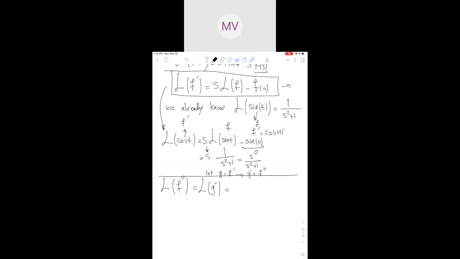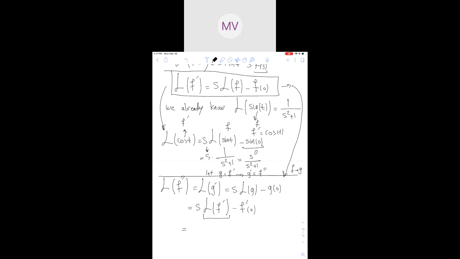We already know the Laplace of the first derivative. It's s Laplace of g minus g of 0. Is that correct? Basically, I'm applying this formula, I replace f with g. Now, let's plug g back. So it's going to be s Laplace of, what was g? f prime, minus g of 0, which is f prime of 0.